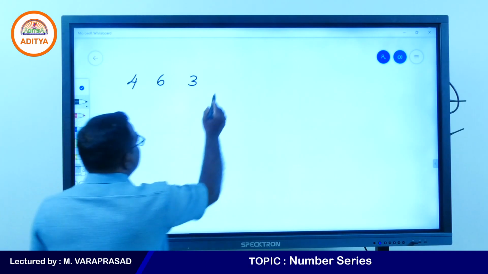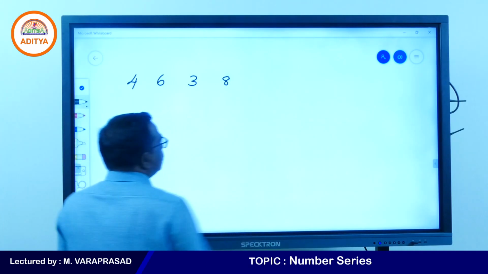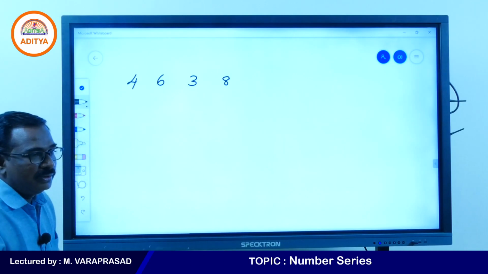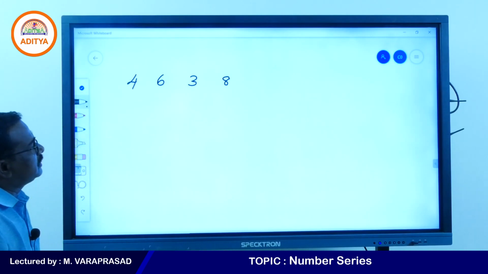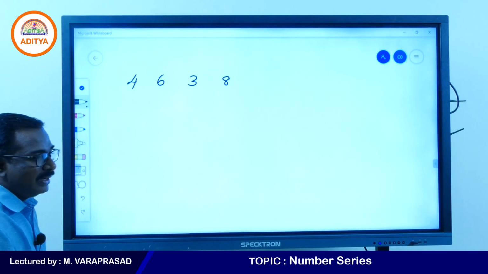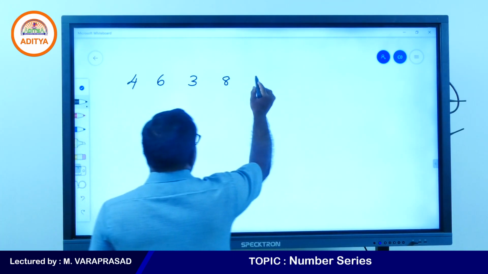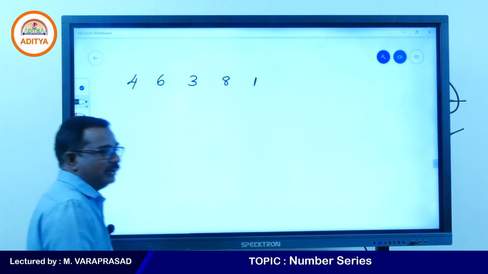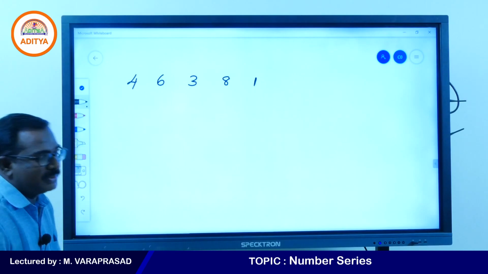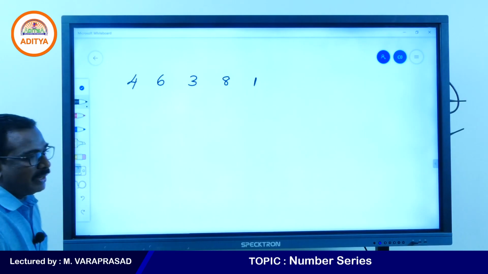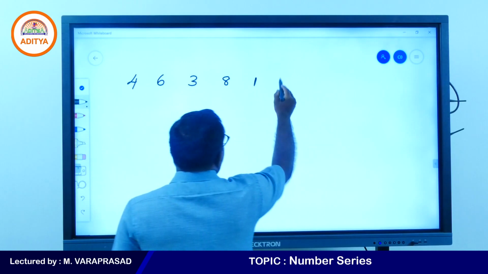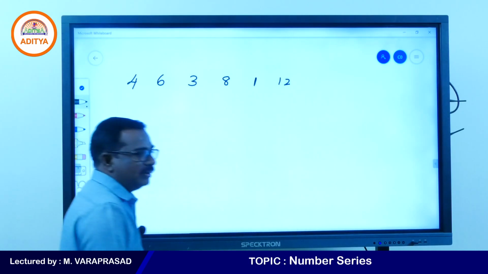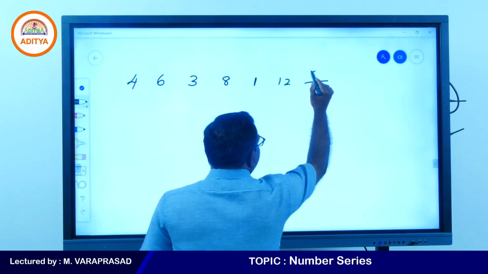Now 3 becomes 8. Now 8 becomes 1. Now this 1 becomes 12. Then what is the next number?